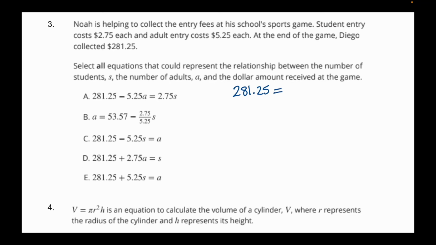It was, and they're using A and S, so we're going to say it's $2.75 for every student plus $5.25 for every adult. This is what I would create to start, but now we want to find essentially everything that is an equivalent equation here, because none of these actually look like this.